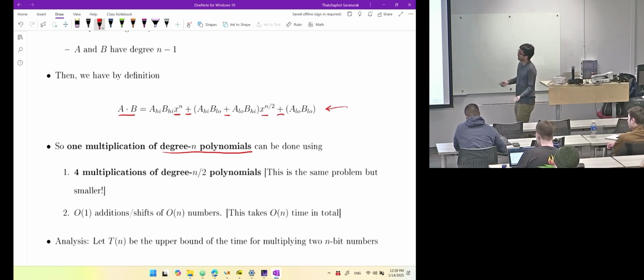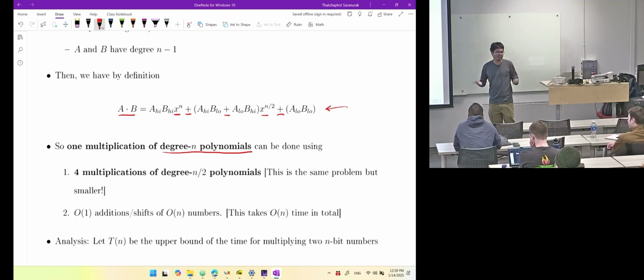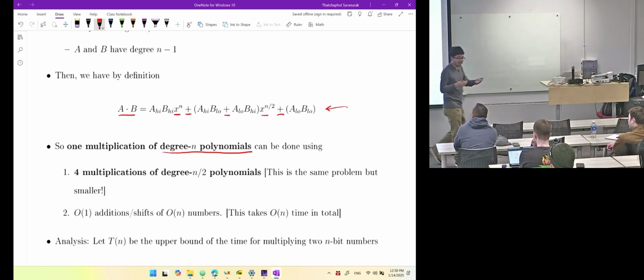But adding polynomials of degree n trivially takes n time, so the other operations in total take n arithmetic operations. So this suggests an algorithm: recursively multiply these 4 products, then do some shifting and addition, and you get a recursive algorithm.